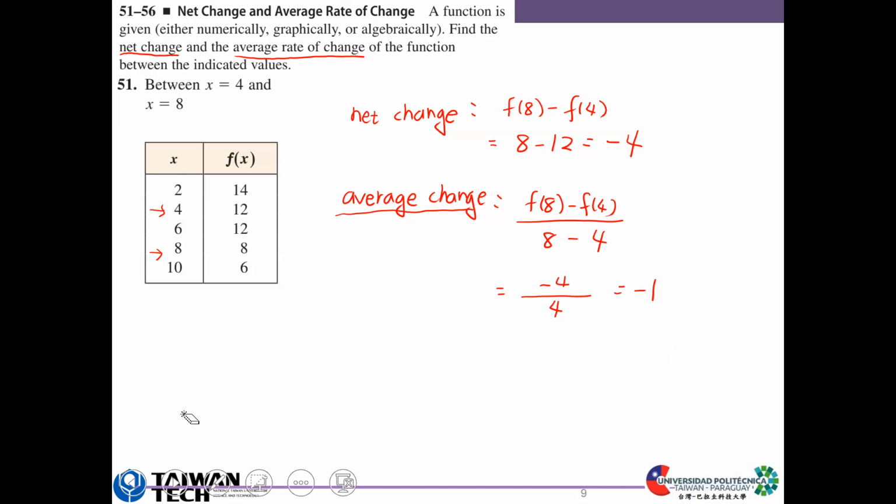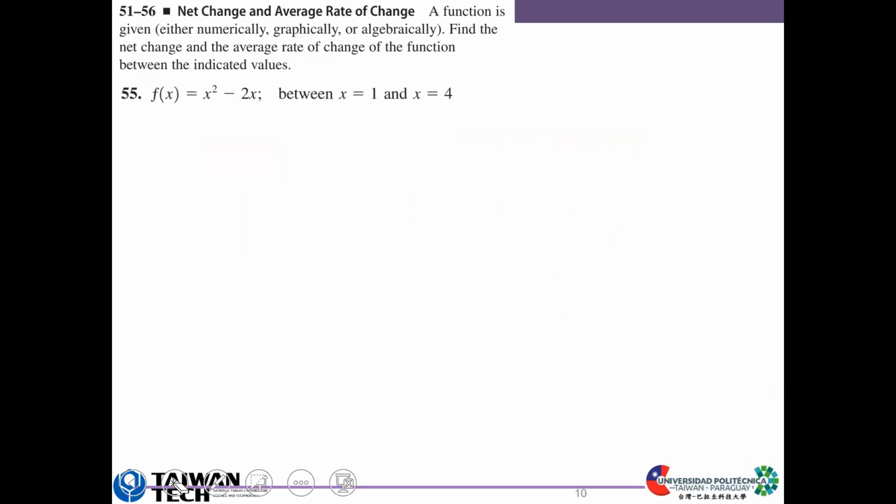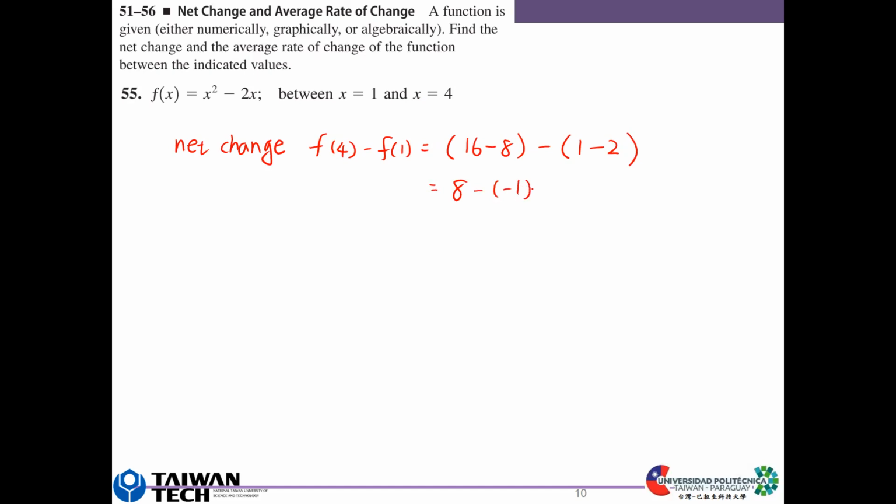The next problem we are looking at is problem 55. The same thing, we are looking at net change and average change. Because it's very similar to the previous one, I just write it down. f of 4 minus f of 1 equals 16 minus 8 minus 1 minus 2, which is 8 minus 1, which is 9.